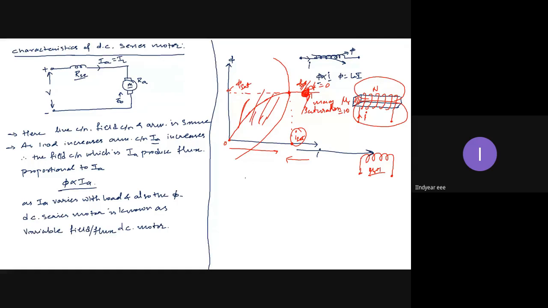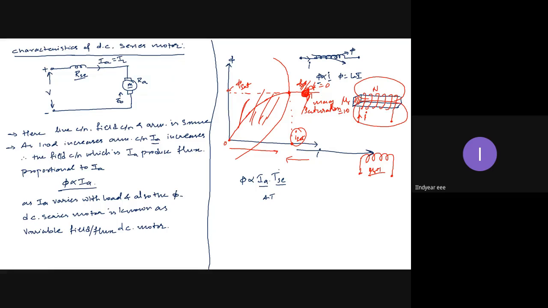Now flux is proportional to IA into TSC, the number of turns in the series field multiplied by the series field current, that is ampere turns. Flux is always proportional to ampere turns, like current is proportional to voltage.